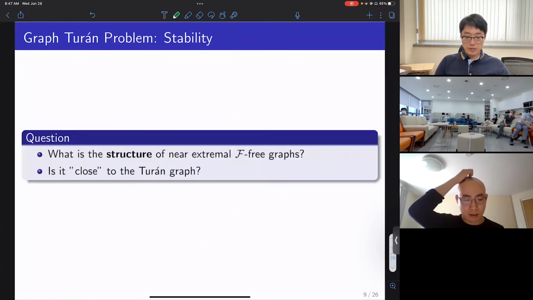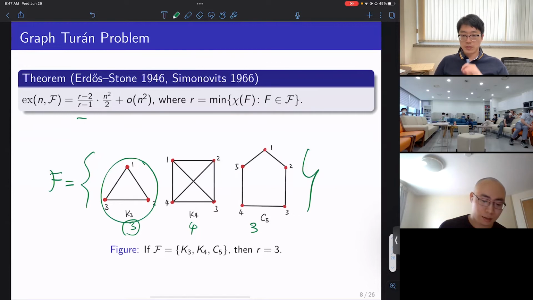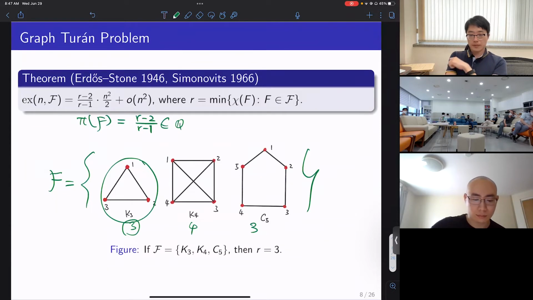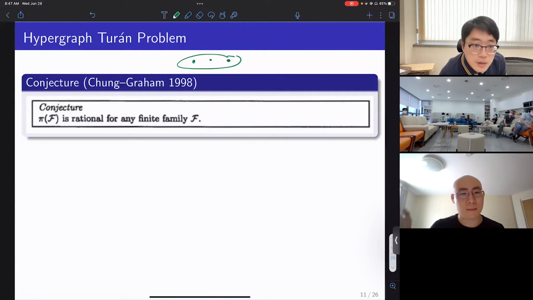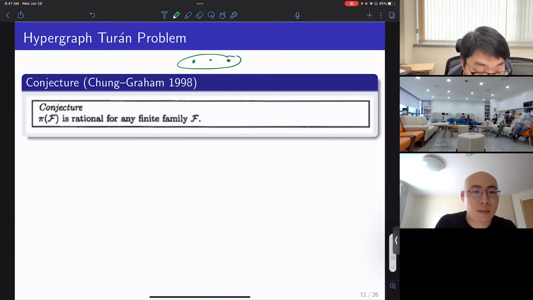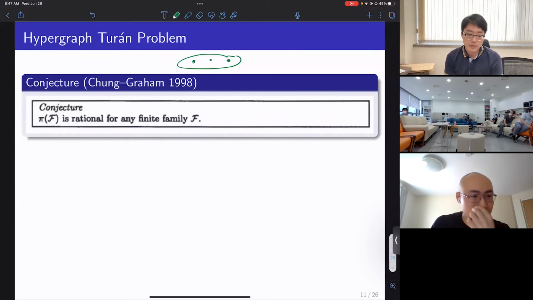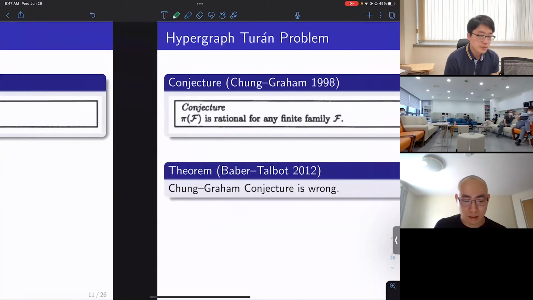Because when you look at this Erdős–Stone result, it tells you the Turán density of this family is a rational number. So it's natural to ask if a similar statement is true for hypergraphs. So this is what people asked 20 years ago.